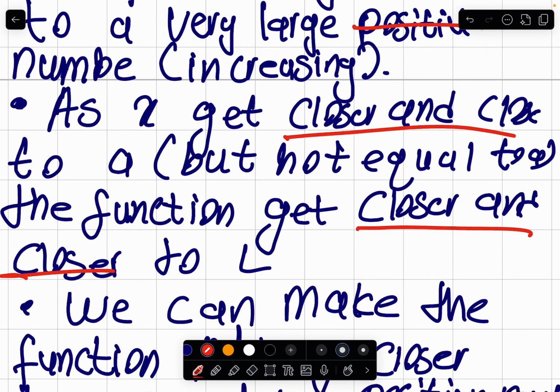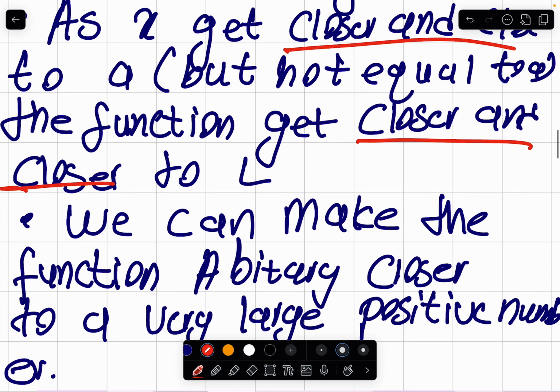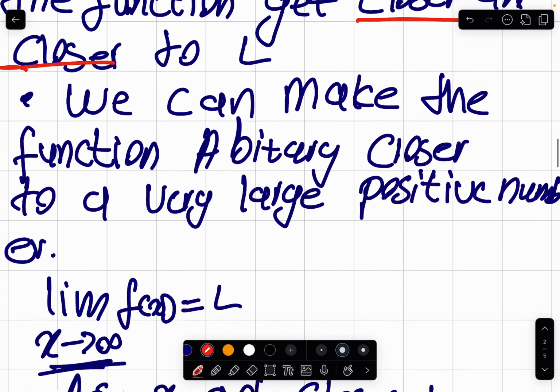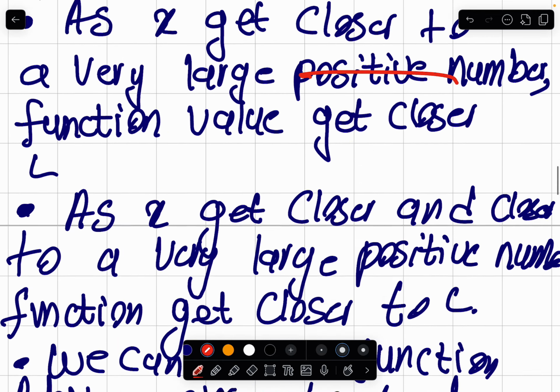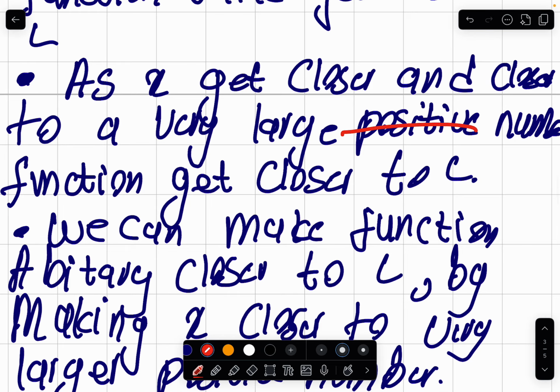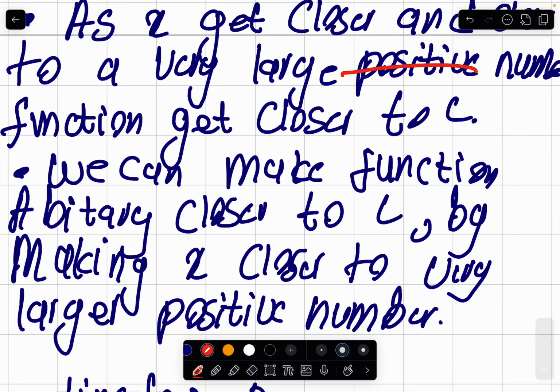You remove those positive values and replace them by a simple negative. Understand? You replace the positive with the negative. It's just the same procedure. And I thank you.